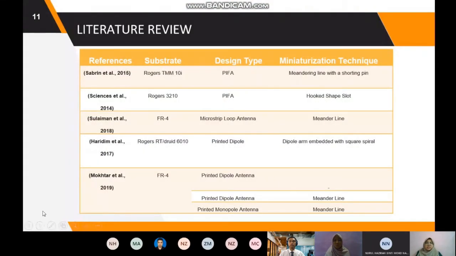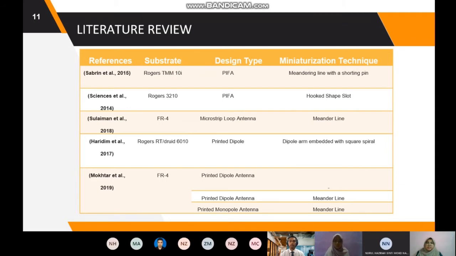So this is the literature review. I have compared five research papers, and from the research, I saw that most of the researchers use two types of substrate, that is Rogers and FR4.